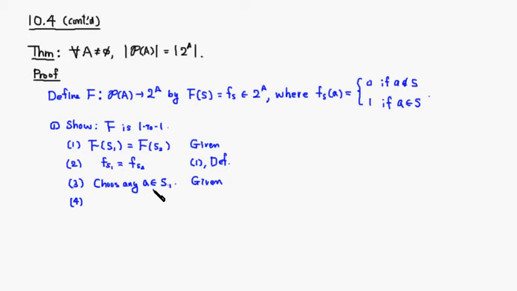so we know that since a belongs to S1, f sub S1 of a is going to be 1. And also since F of S1 and F of S2 are the same, you're going to have exactly the same value, f sub S2 of a.